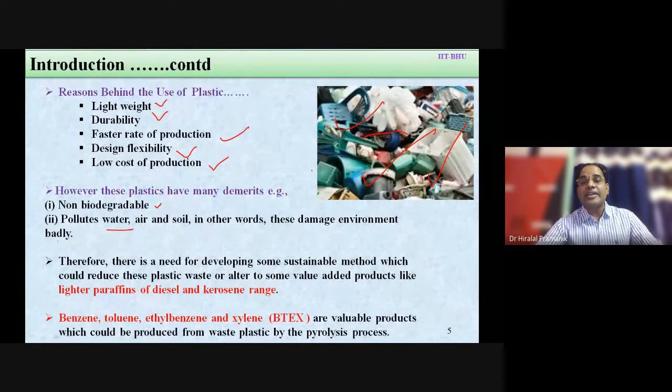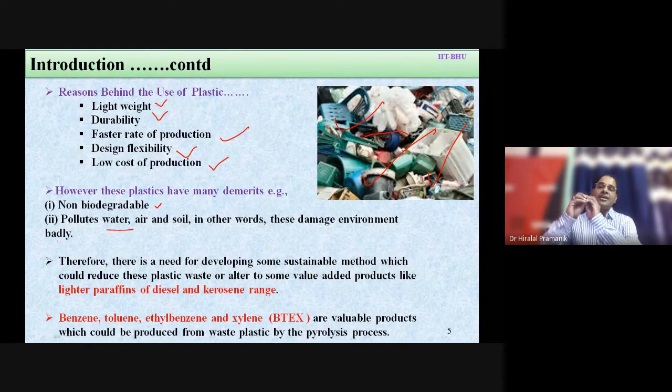It is not recycled, and the percentage of recycling is very, very low because of the problem of collection and segregation, because we don't have the habit of segregating it at home. We just mix it and put it in our dustbin, and hand that dustbin over to the corporation people when they collect it. So we do not have a segregation method.